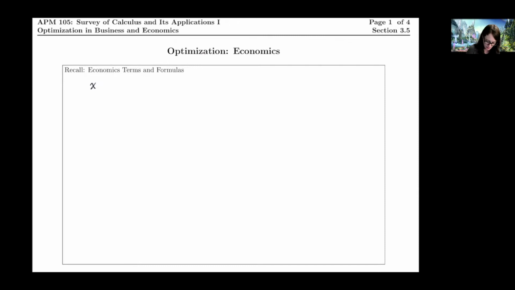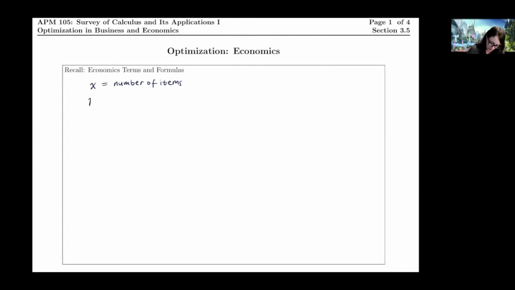So X we always use to represent the number of items or the number of things that we are selling or making or whatever. It'll be different in different situations, but X always means number of things, if not specified as meaning something else.